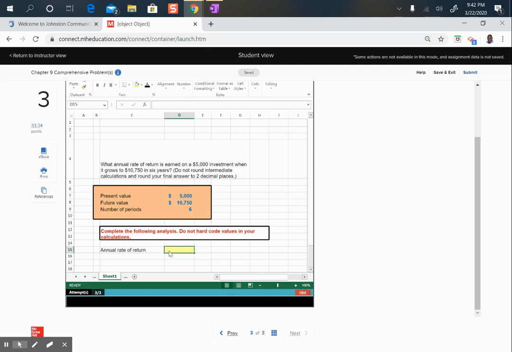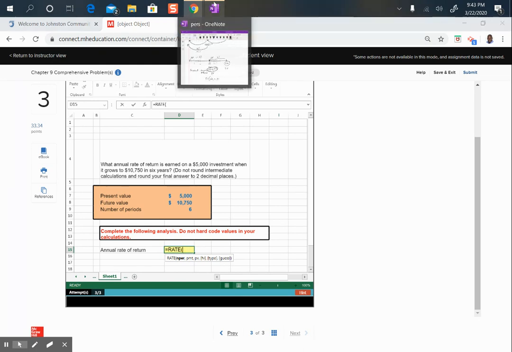Through Excel, we need to determine the number of periods, the payment, the present value, the future value, the type, and of course we close the parentheses, and that will give us our rate. In this example, what annual rate are you going to earn on a $5,000 investment when it grows to 10,750?